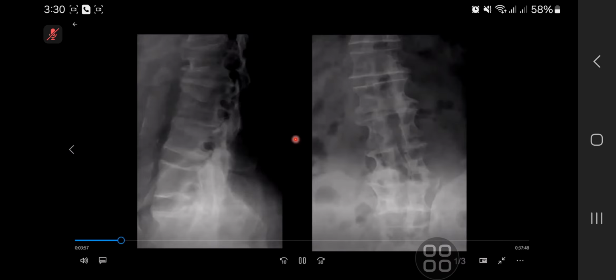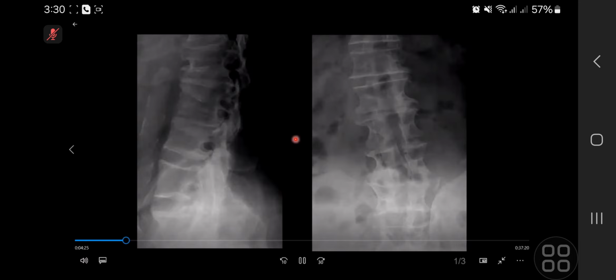This is a frontal and lateral radiograph of the lumbar spine for an adult patient. There is a scoliosis to the left with loss of height in the L1 and L2 vertebral bodies.